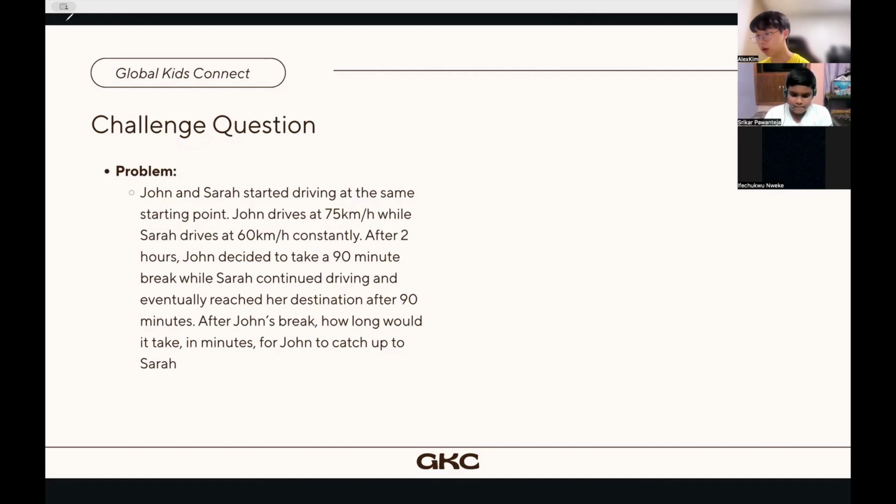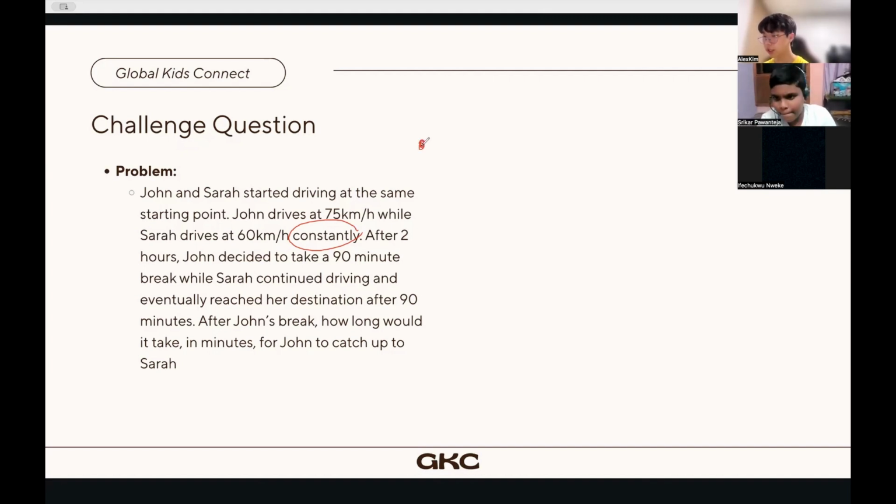After John's break, how long would it take in minutes for John to catch up to Sarah? This is also a constant proportionality related problem because their speeds are always constant. It's also a broader context question with basic algebraic calculations.